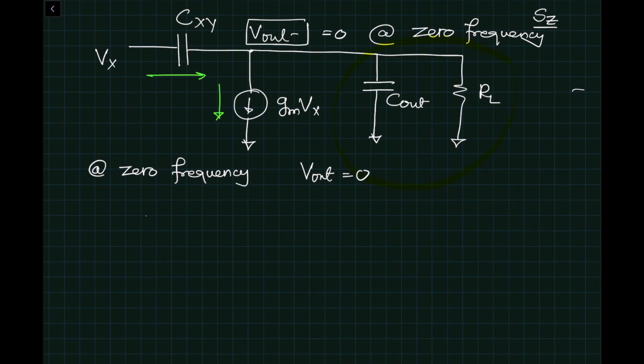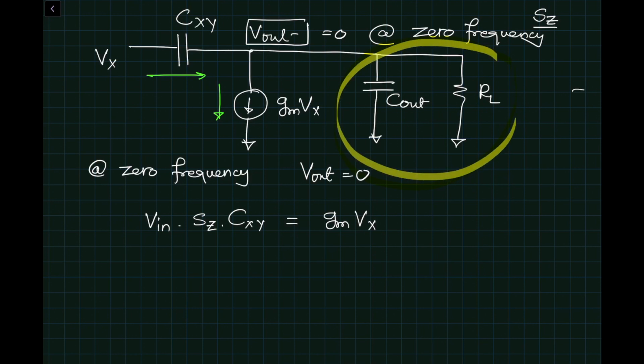So V in times SZ CXY, that would be the current flowing through the capacitance CXY, and that will be equal to GM times Vx. As I already said, there is no current flowing through Cout and RL because Vout is equal to 0.